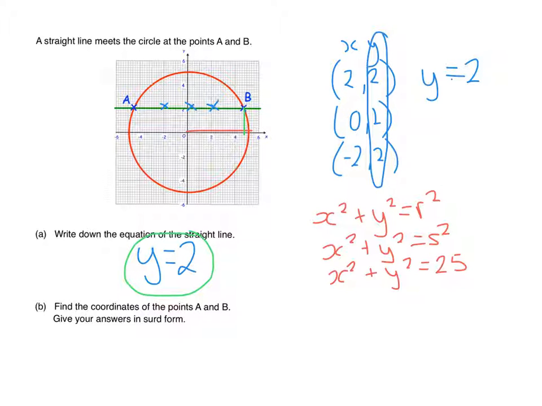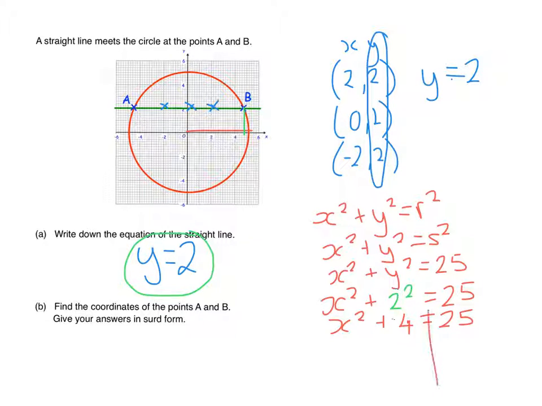So I'm going to put y is 2 into my circle equation. x squared plus 2 squared is 25. So I've got x squared plus 4 is 25.